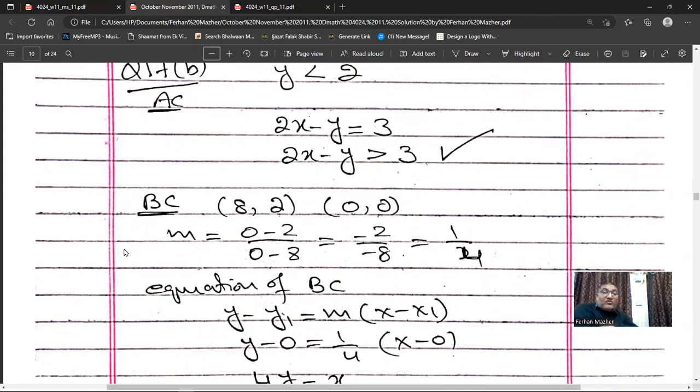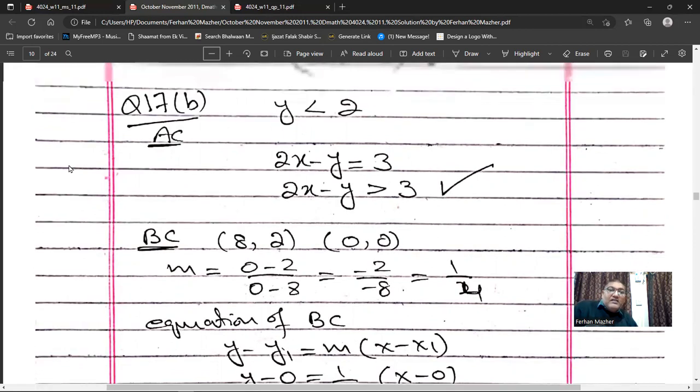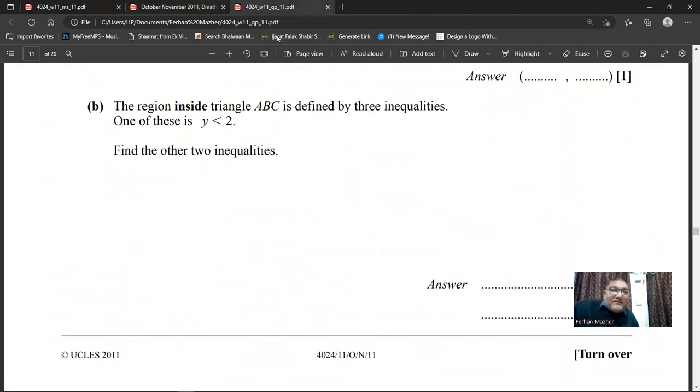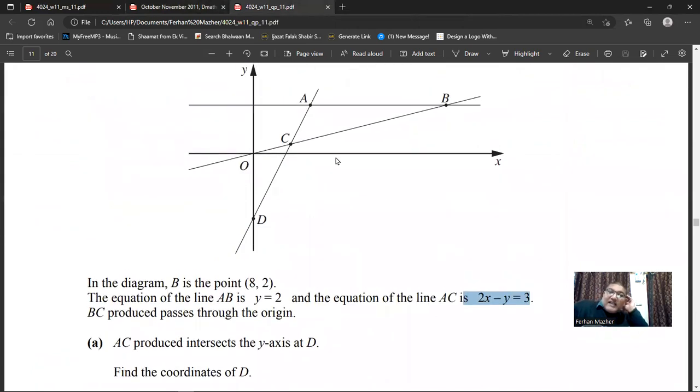Now the crocodile's mouth is towards the y, although the area is below that line. The reason is here the y is not positive. So 2x minus y will be greater than 3.